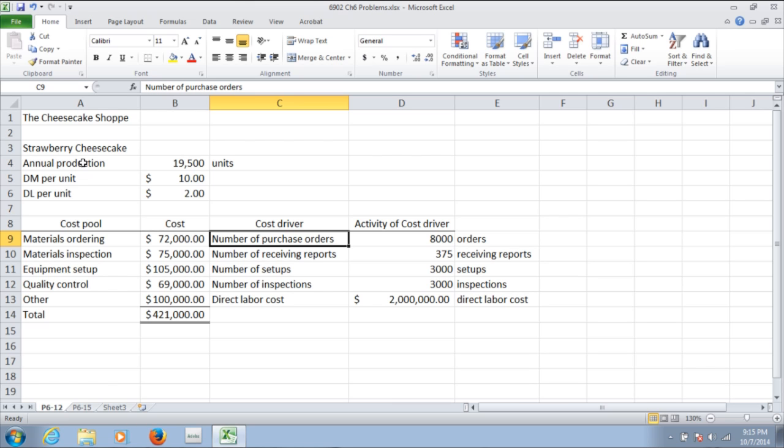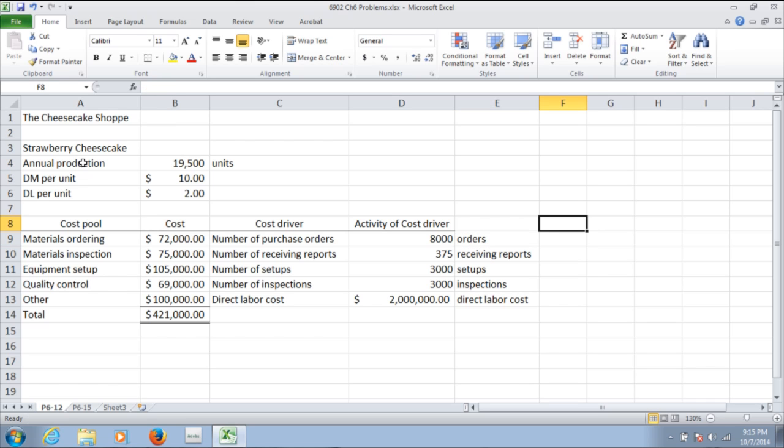So the materials ordering, for instance, would be influenced by the number of purchase orders. So in column D, what we have is the estimated total activity of the cost driver, so that for each purchase order, we have a certain amount of materials ordering that would take the form of overhead.